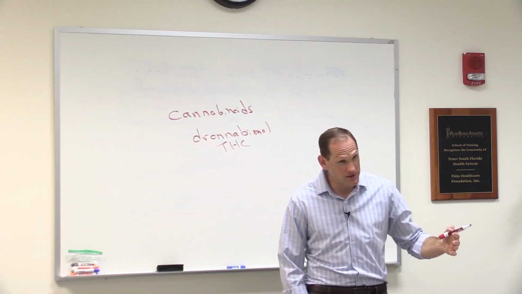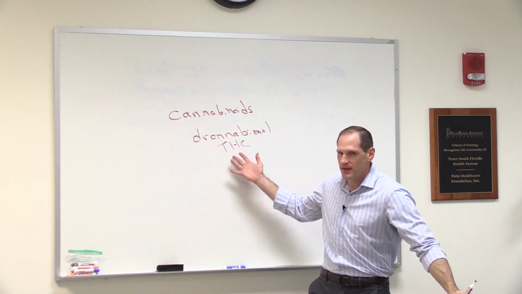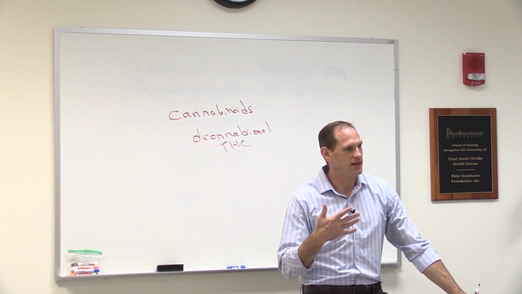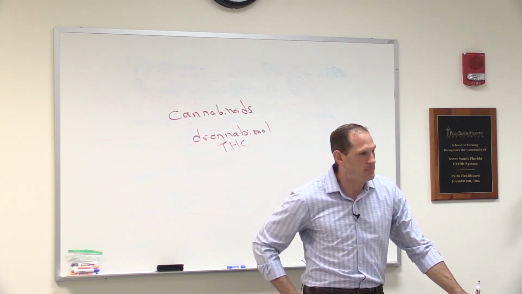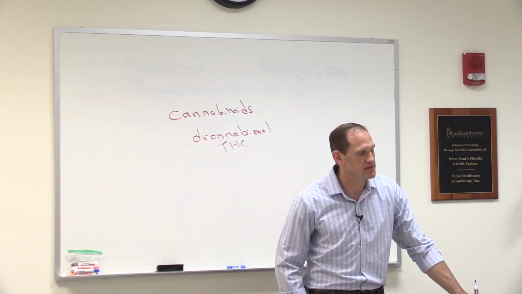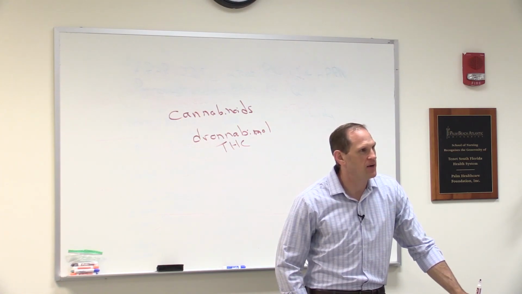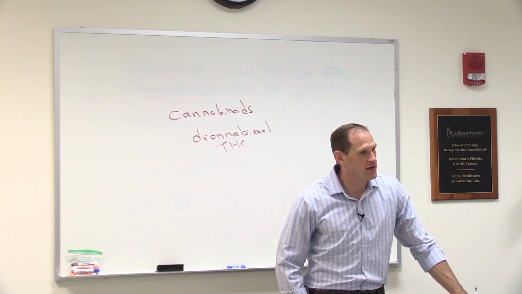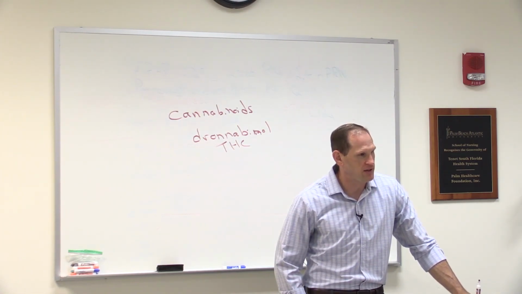So the purpose of the THC is to lower nausea, but it's still THC. So the key here is it's not a very good antiemetic. The major use for it is in cancer patients who have anorexia.